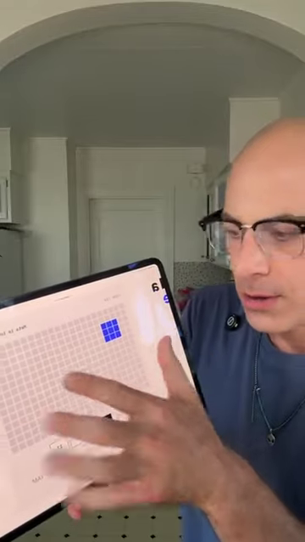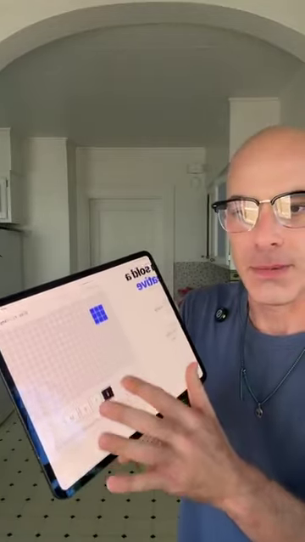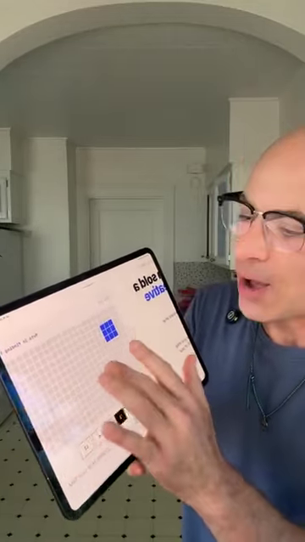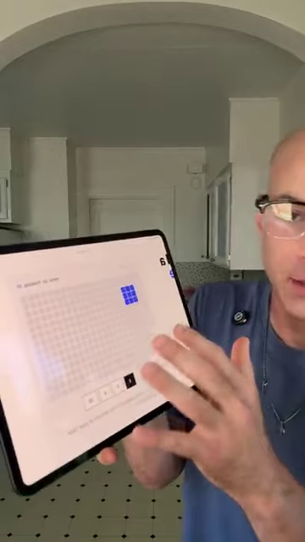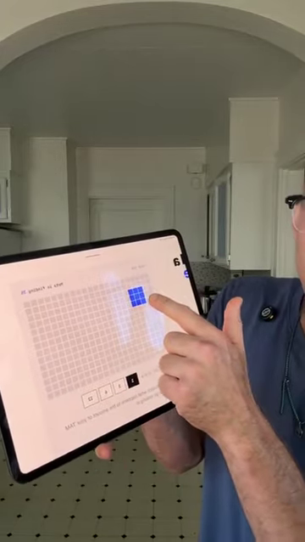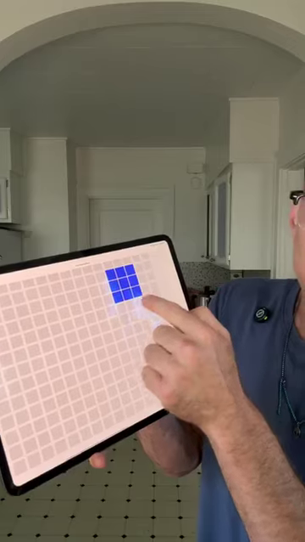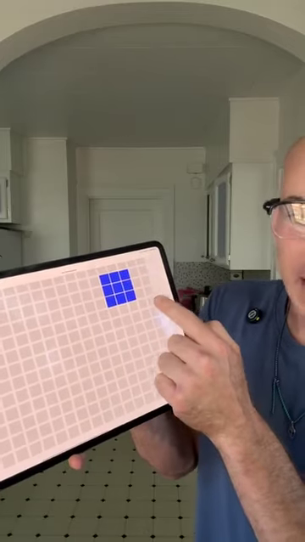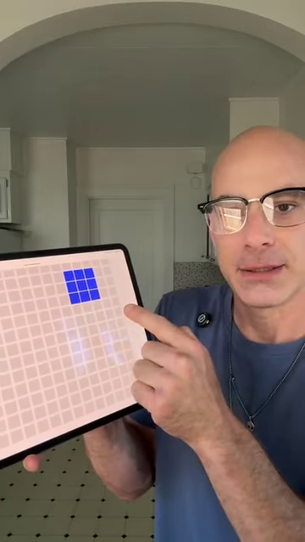Right here, this is, let's just say, how the size of a market looks. These blue squares, that's how most people run Meta ads.